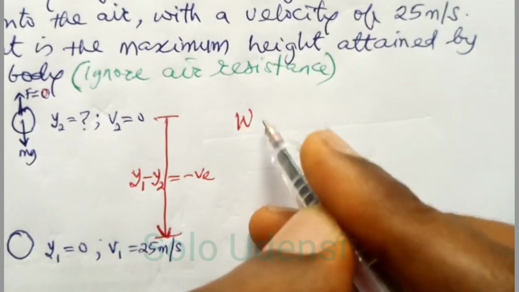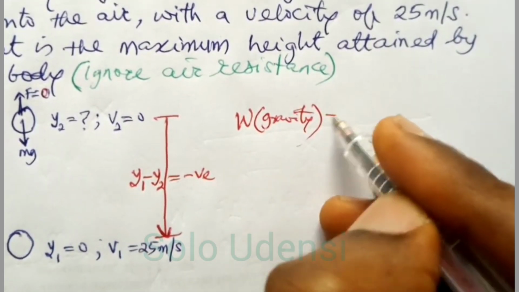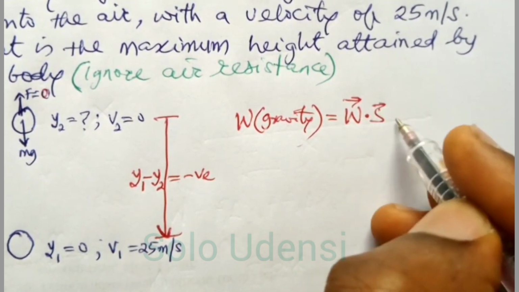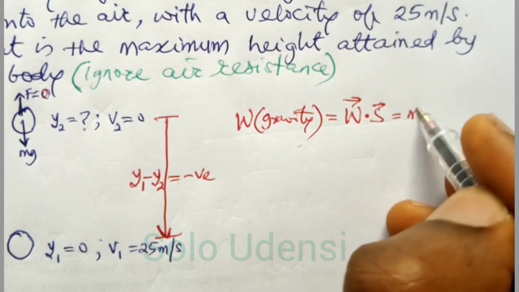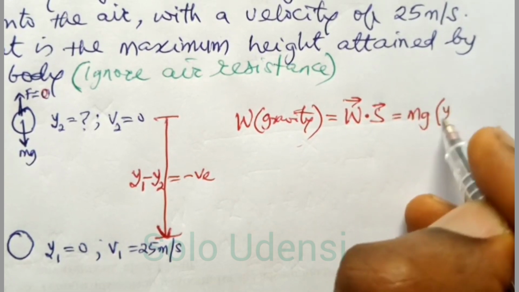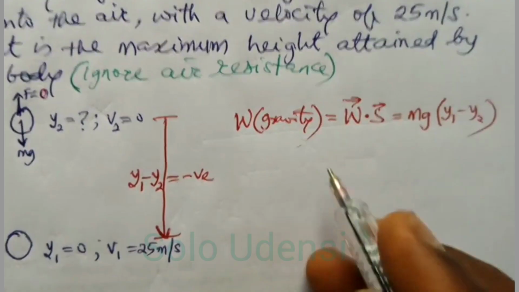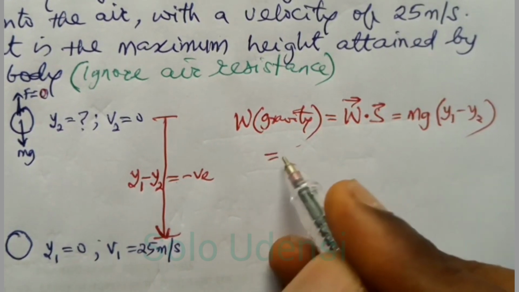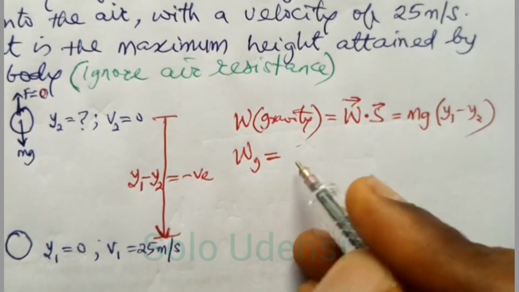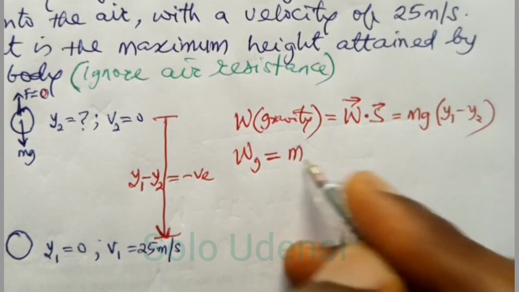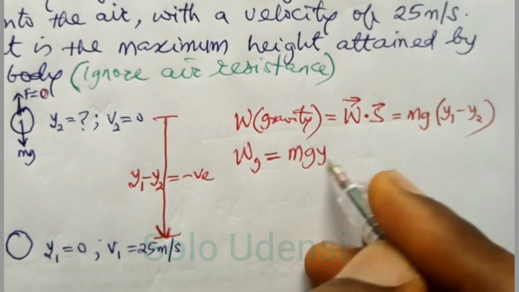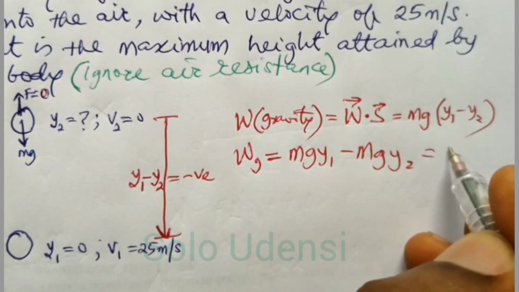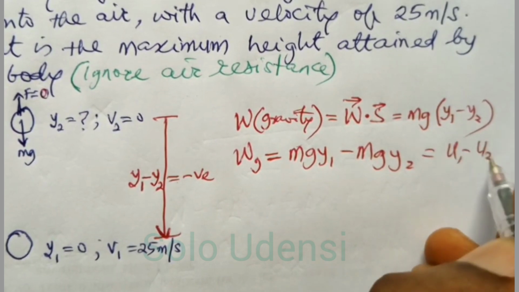So let's say the work done due to gravity is equal to the weight, that force, times the displacement, and that will give us mg times (y1 minus y2). So Wg is equal to mg y1 minus mg y2, or you can just say it's U1 minus U2.